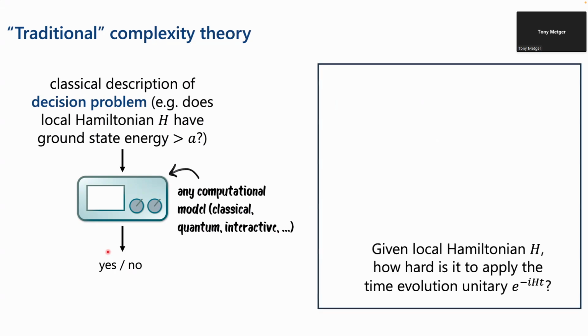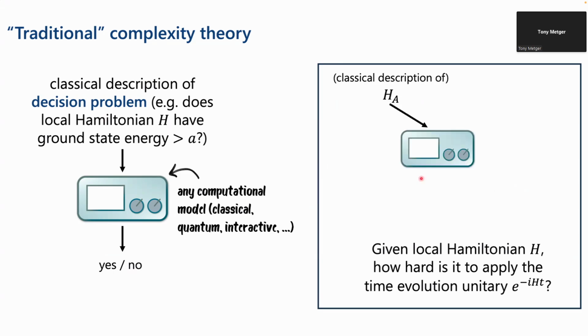And this has worked very well in the classical world because everything is classical input, classical output. But quantumly, what about the complexity of actually applying Hamiltonian evolution? On the face of it, this seems like a similarly reasonable question to ask in terms of complexity as just deciding this ground state energy question. But it's not quite clear how to even phrase this in this language, right? We still have some computational model.